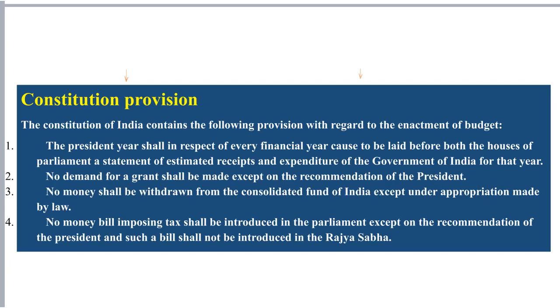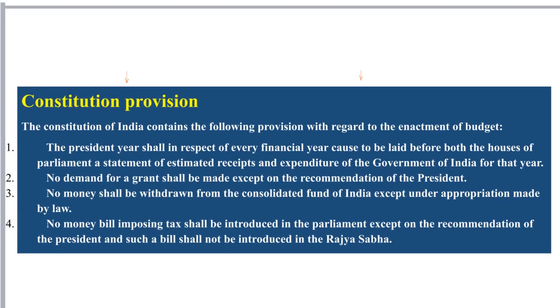So in the constitutional provisions, if we see one by one, it is the President who shall, in respect of every financial year, cause to be laid before both the houses of the Parliament a statement of estimated receipts as well as expenditure of the Government of India for that year.